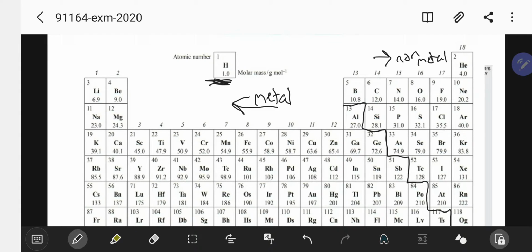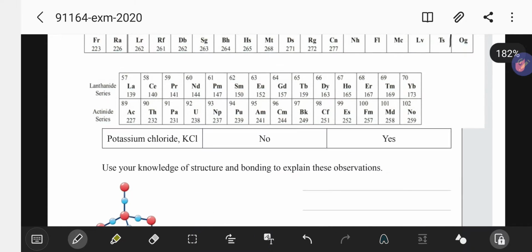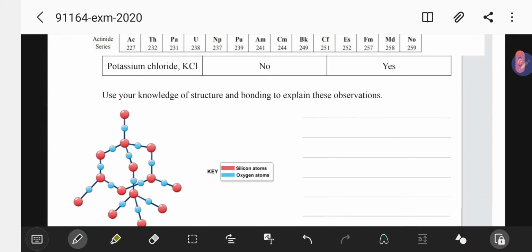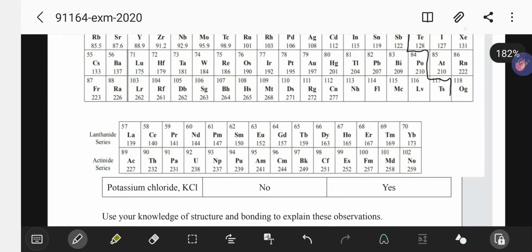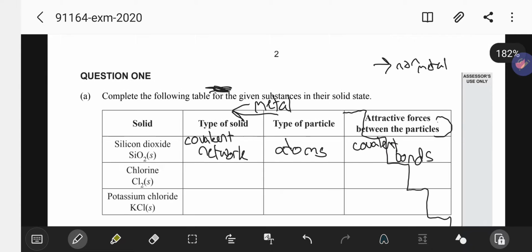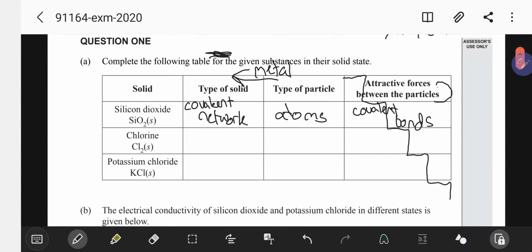So chlorine we can see is on the right, so it's a non-metal. So coming back to this table here, chlorine is a molecular solid.